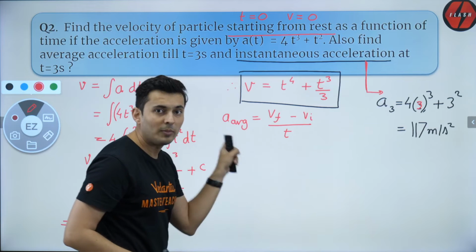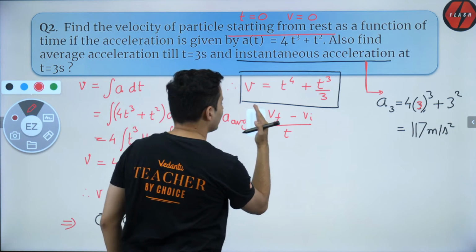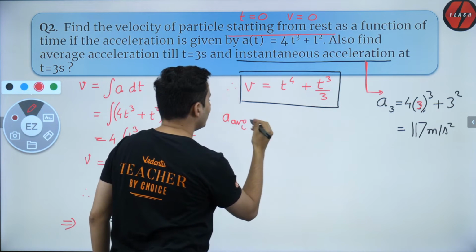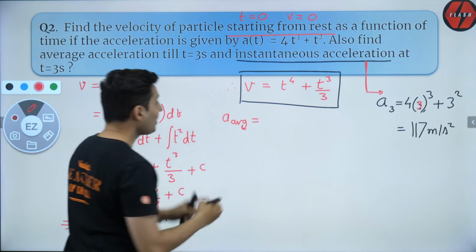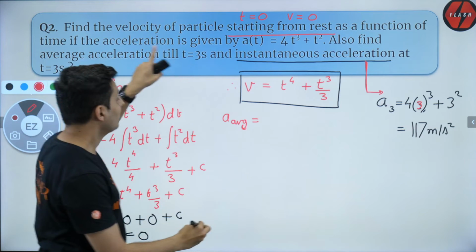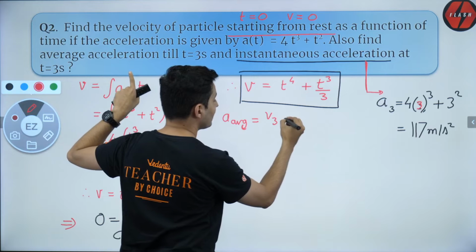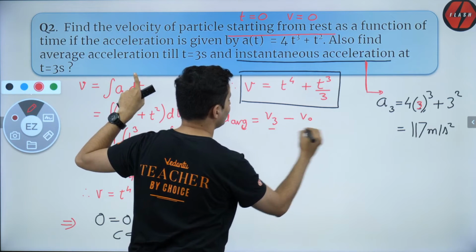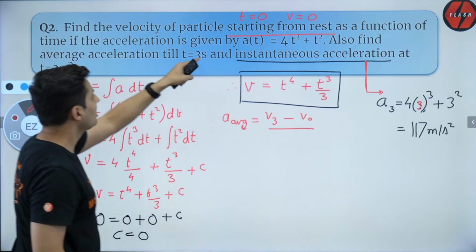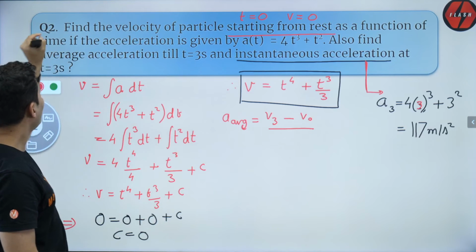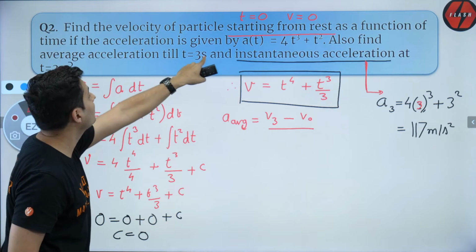Just use this formula. So that's it. That means, what do you need to do? What is the final velocity? Velocity at 3 seconds minus velocity at 0 seconds. Why 0 seconds? Because he starts from rest and you have to find the average till 3 seconds.